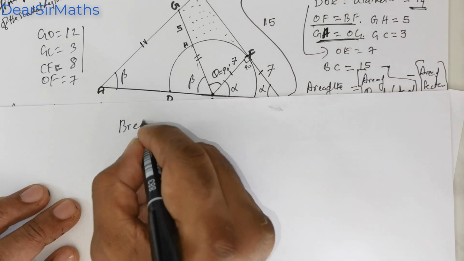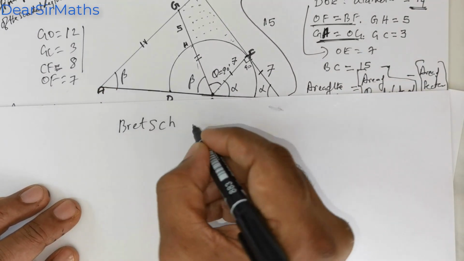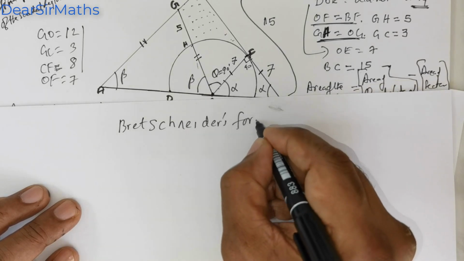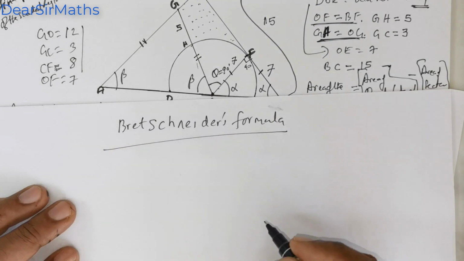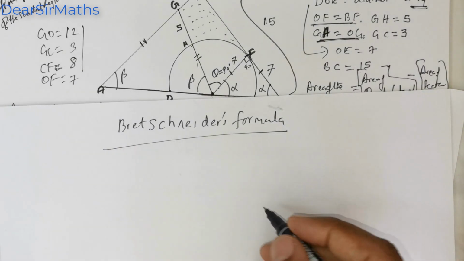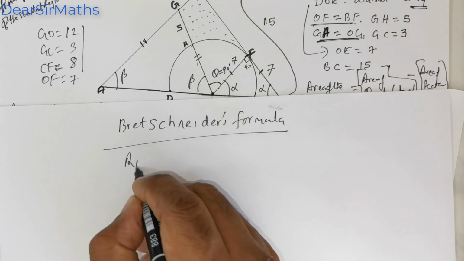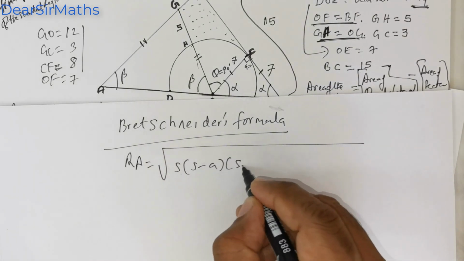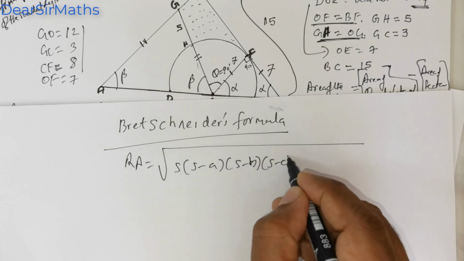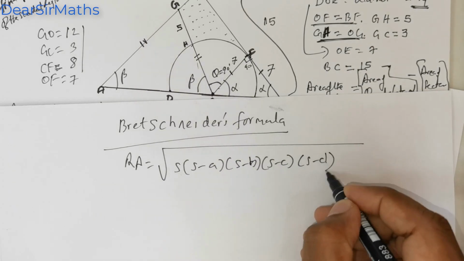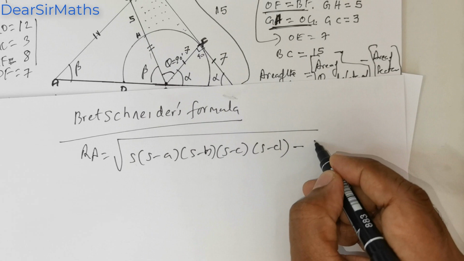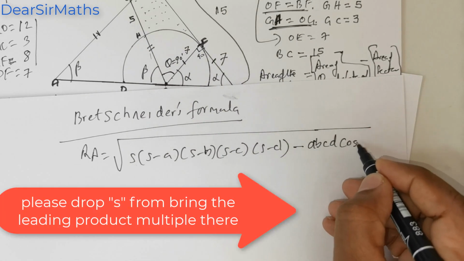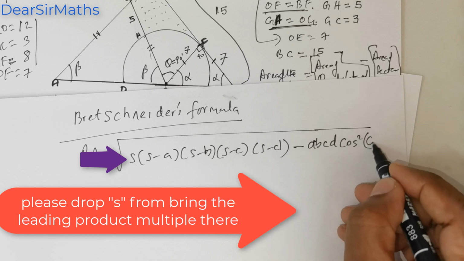It's called Bretschneider's formula. Now what is the formula? The required area is equal to the square root of S minus A, S minus B, S minus C, S minus D, followed by a negative sign, and ABCD times cos squared of the two angles.